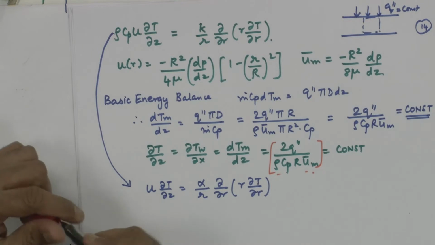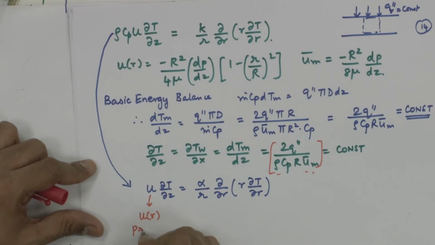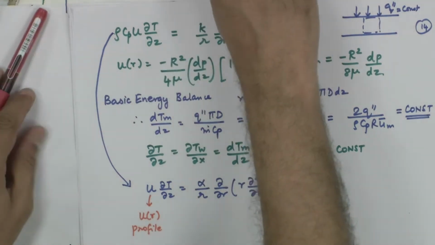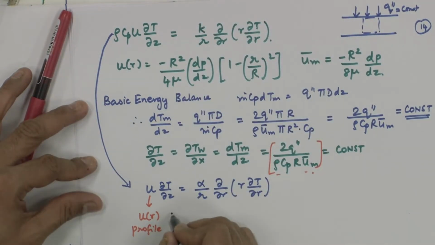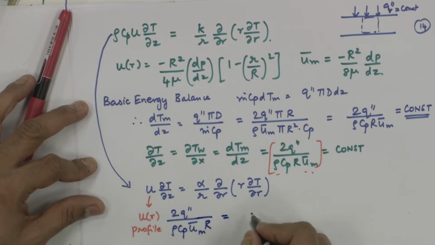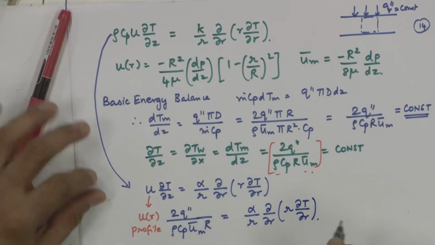This is u of z, this is local velocity, so this is nothing but u of r profile. This dT by dz I am going to use directly from here, that is 2 q double prime by rho Cp u bulk mean into r is equal to alpha by r d by dr of r dT by dr.